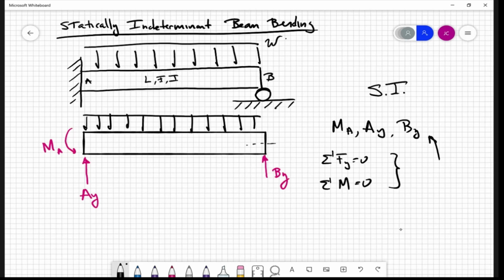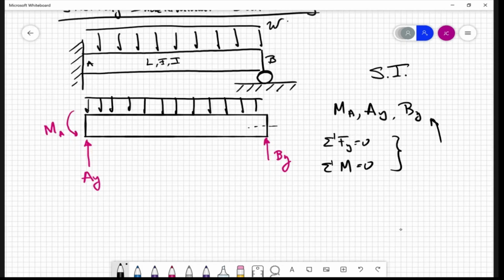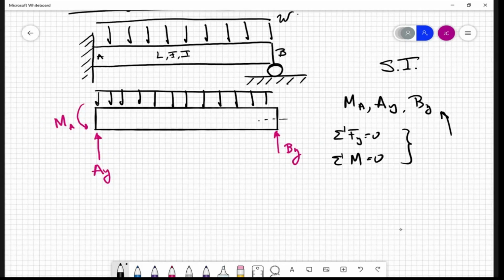But an easier way to do this is to use the trick. We talked a little bit about it, the direct force method, the assumed force method. So if we do the assumed force method, you'll find that this works out easier, okay?